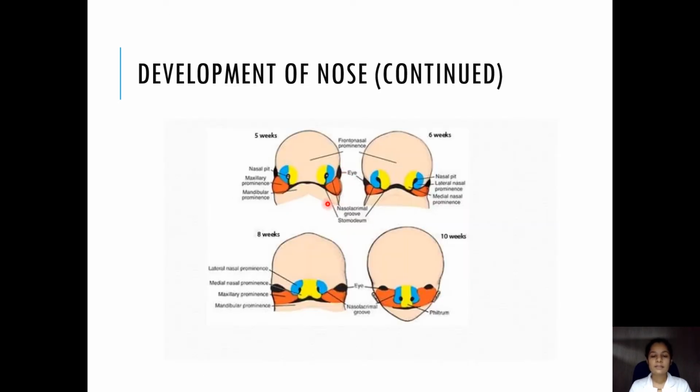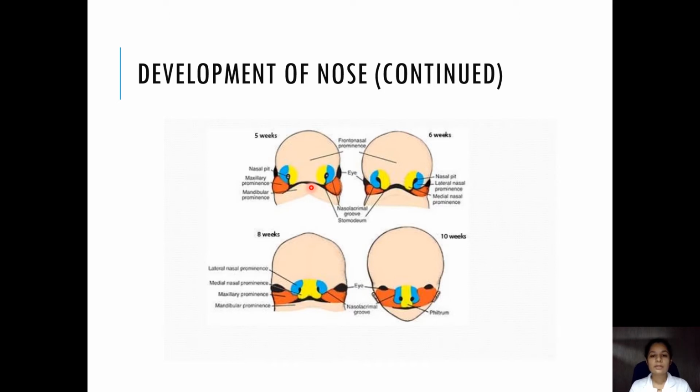So at 5 weeks, we can differentiate the medial nasal process, which is the yellow portion, and lateral nasal process or prominence, which is the blue portion. Orange portion shows the maxillary prominence. These gradually converge and form the nasal cavity, that is the septum, lateral wall of the nose, floor of the nose, and roof of the nose.